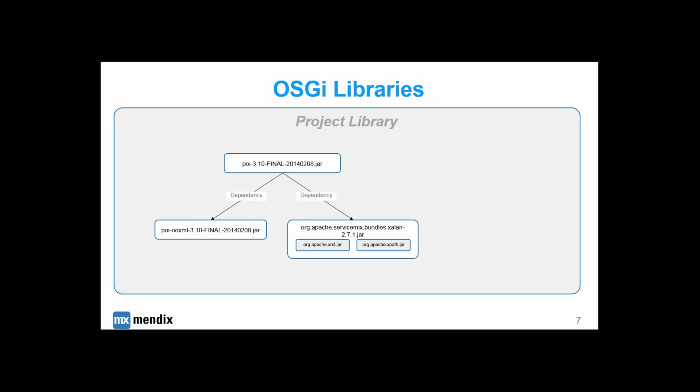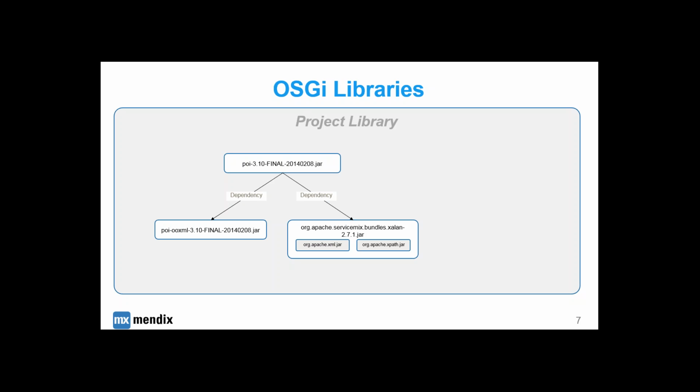So in an example of what this looks like when you're using these third-party libraries, for instance, we use the POI library in some of our Excel importing mechanisms in the Mendix platform. So when we use these OSGi compatible libraries, we have the ability to have not just the one POI library or jar file incorporated into our project, but we may also have another series of OSGi compatible libraries that encapsulate some of the same Java libraries.